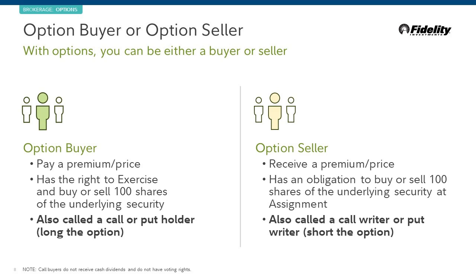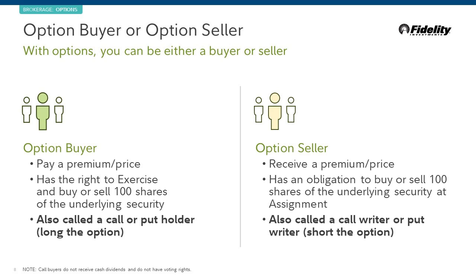The option buyer is going to pay a premium, and they have the right to exercise the contract. They could utilize that right to either buy or sell 100 shares of the underlying security. Whether they're buying or selling depends on what type of contract they have, whether that is a call or a put.